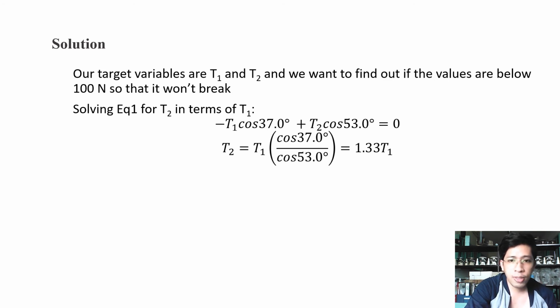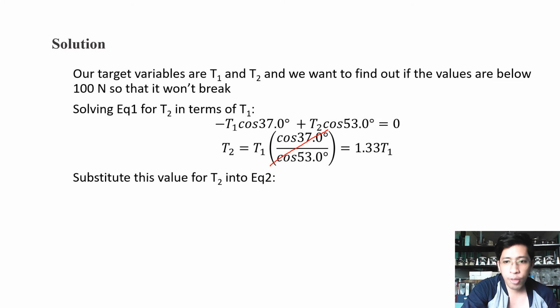So your T2 is just equal to 1.33 times T1. But we still cannot solve T1 and T2 here. So we have two equations, which we can use to solve for two unknowns. As you can see here, for two unknowns, we need two equations to solve the problem.